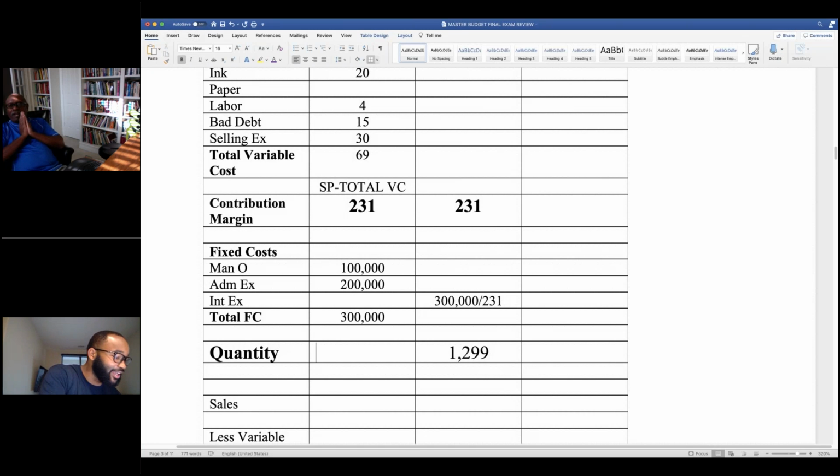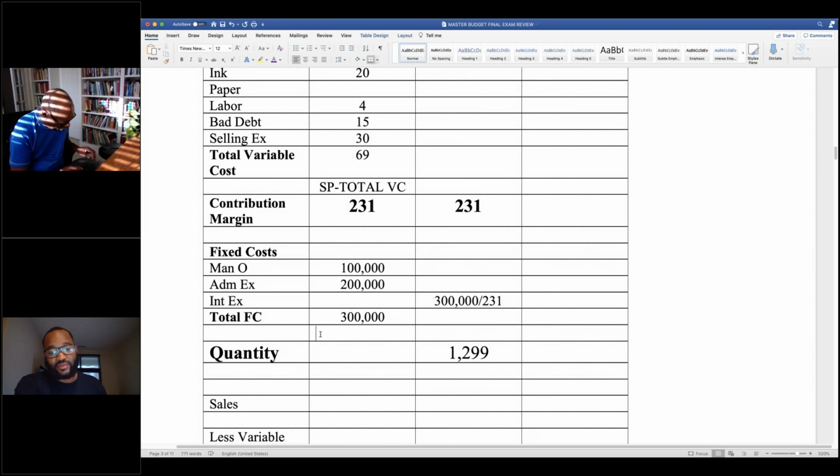No, you take the total fixed cost minus 100,000, and then you divide it by the contribution margin. Oh, so I did it backwards. Yeah, you just said it backwards, Terrell.